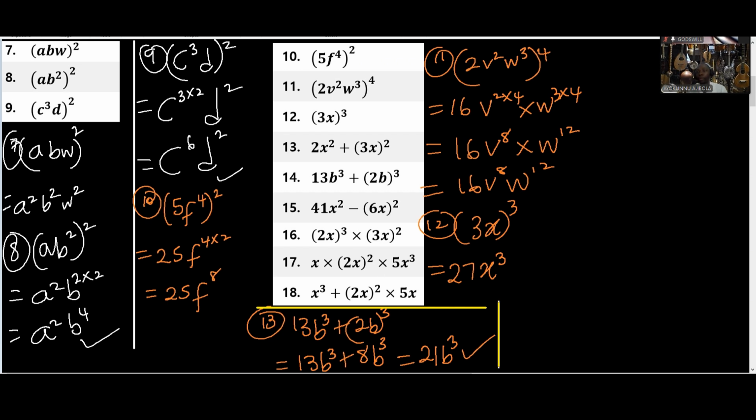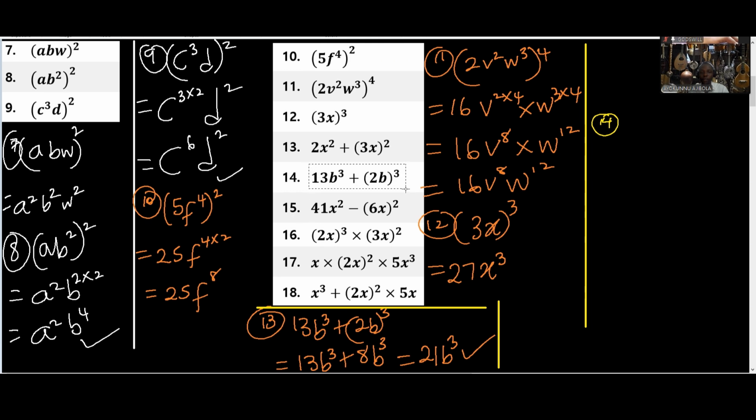So number 14, let me divide this page so we can have no space at the bottom. The 13b cubed actually is number 13. So it's number 12 we want to look at now. But let me adjust this so that you don't get it confused when you're writing it down.